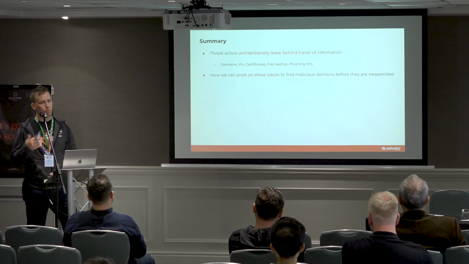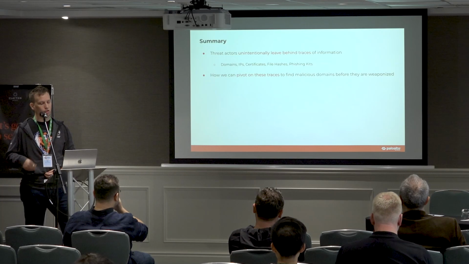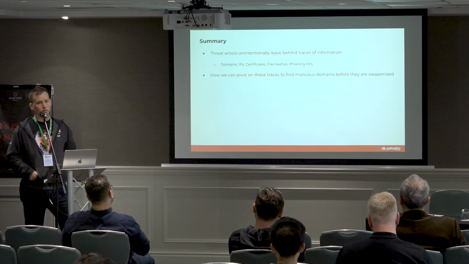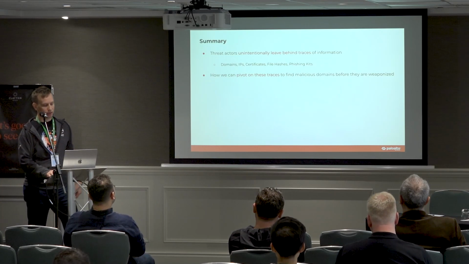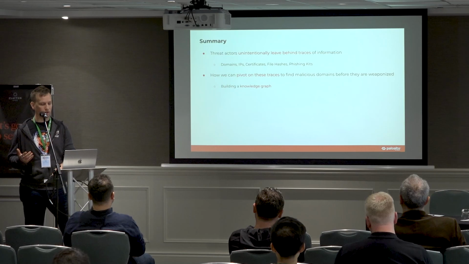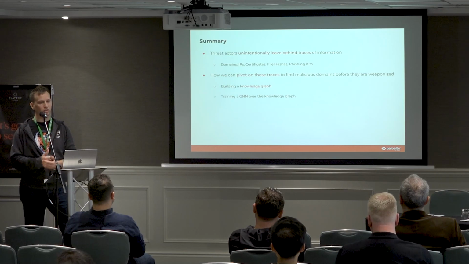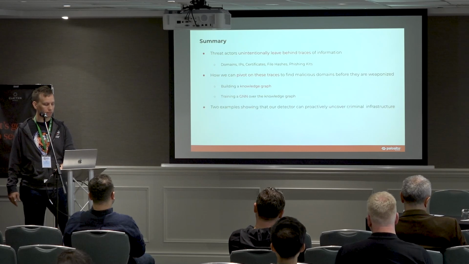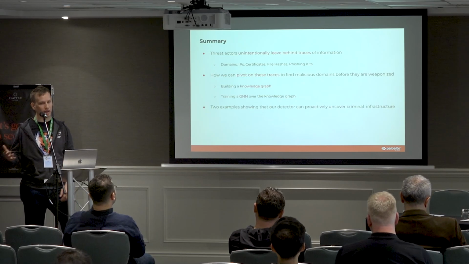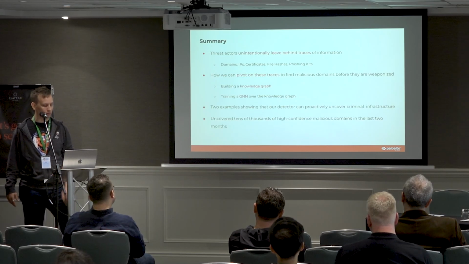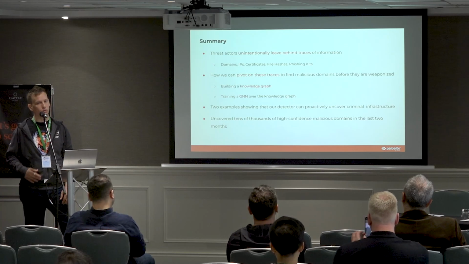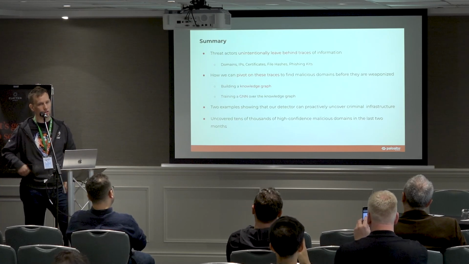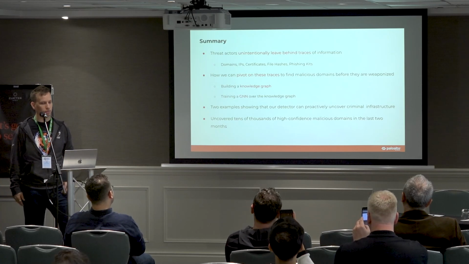We showed how we can pivot on this information to find these malicious domains before they are weaponized, by first building this knowledge graph and then training a graph neural network on top of it. We showed 2 examples of how it works in practice. And over the last 2 months, we uncovered tens of thousands of malicious domains using this approach.